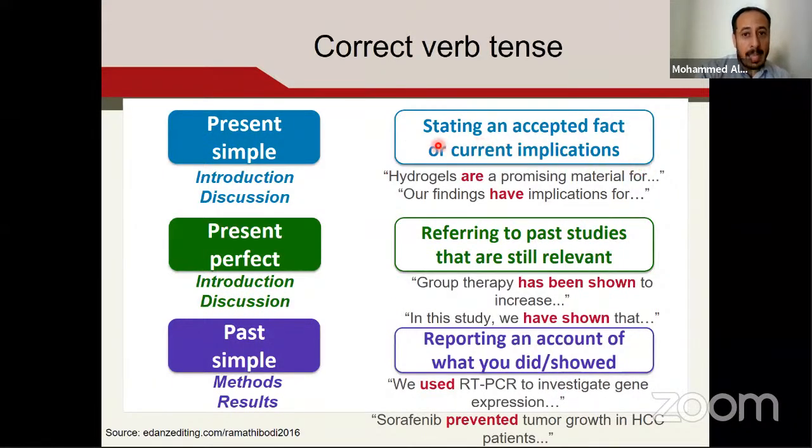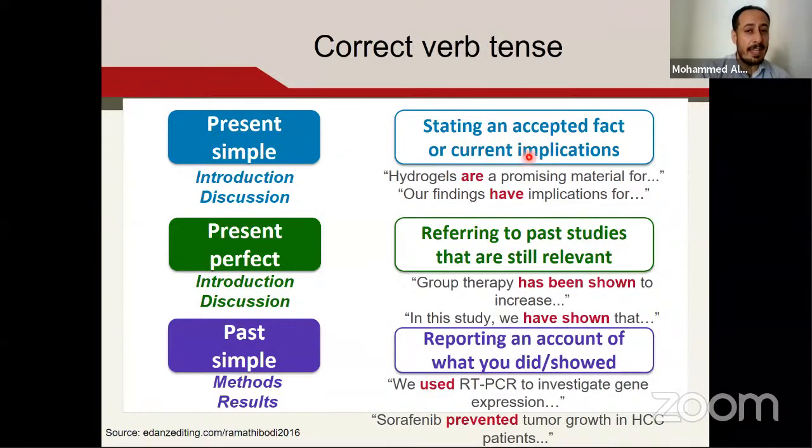Generally, if you are stating an accepted fact or implication, either in the introduction or in the discussion, it is better to use present simple.